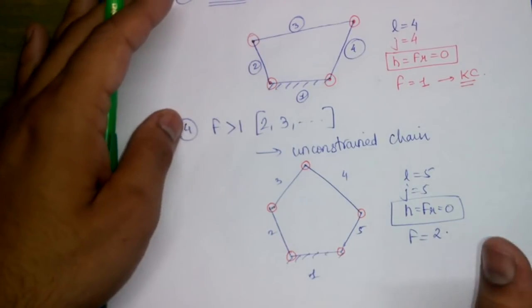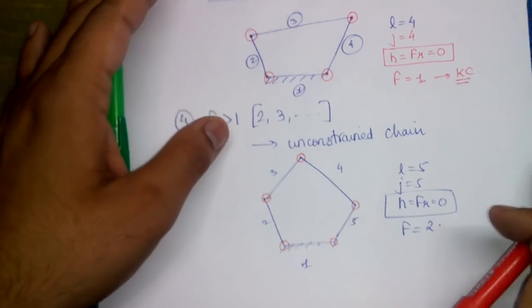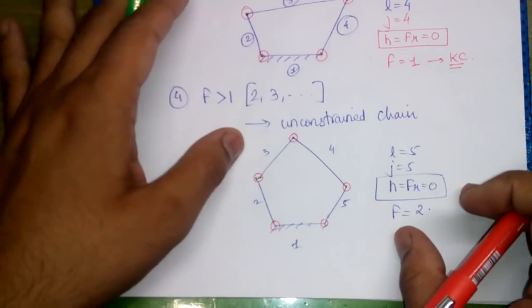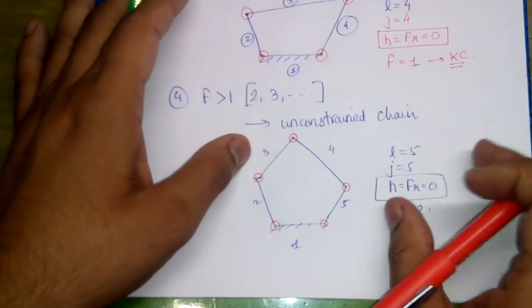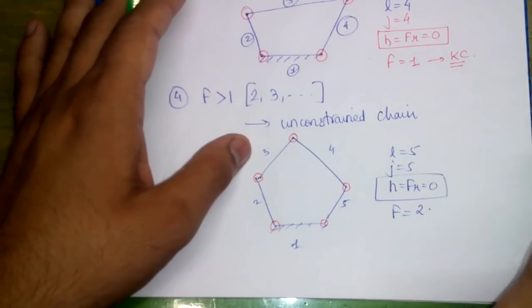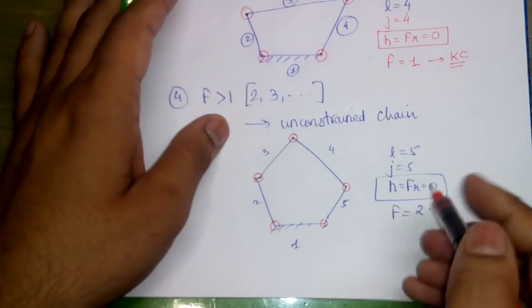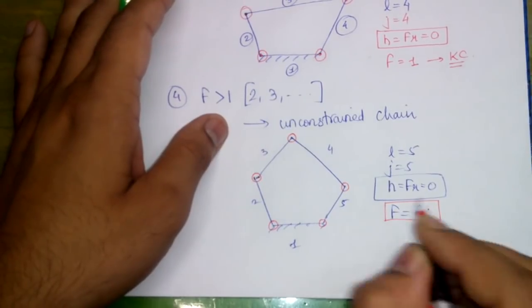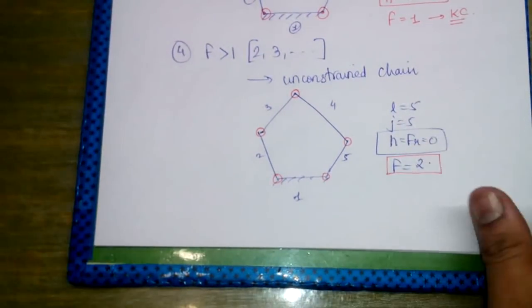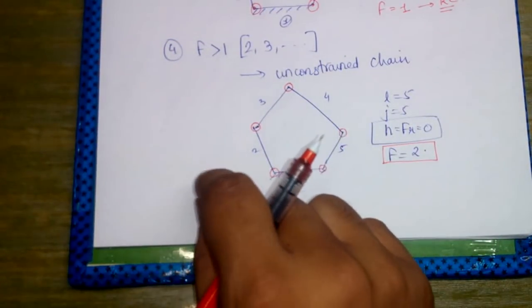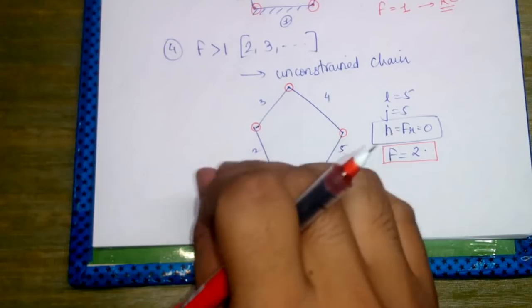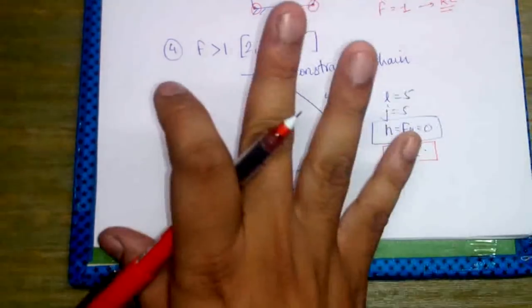So we always have to check, in the case of cam and follower, whether there is a redundant motion of the roller or not. So the degree of freedom here comes out to be 2. Now I will tell you a very important statement about the degree of freedom: the degree of freedom is the number of inputs required to get a constrained output.